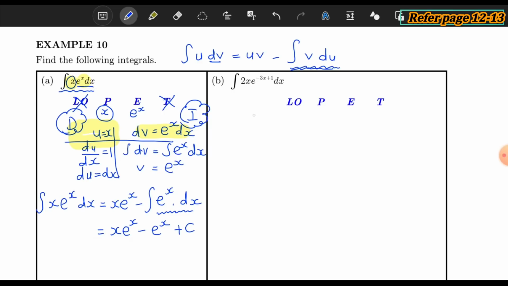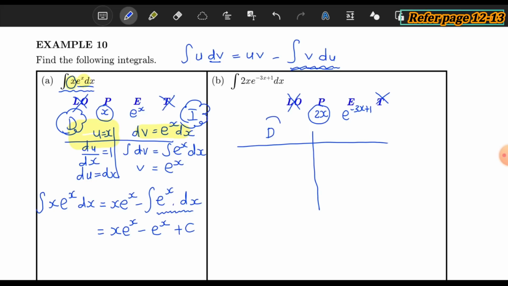Next, we go to example part B. 2x exponent negative 3x plus 1. How to choose u? We need to check the function first. We don't have log function. We have 2x, the polynomial function, and exponent negative 3x plus 1, the exponential function, and no trigo function. Meaning that we will use 2x as u. We separate into two.